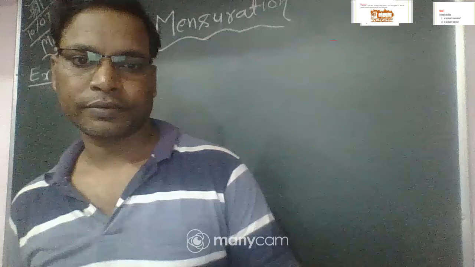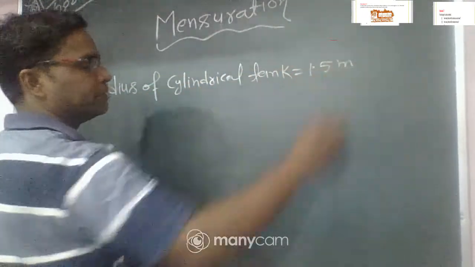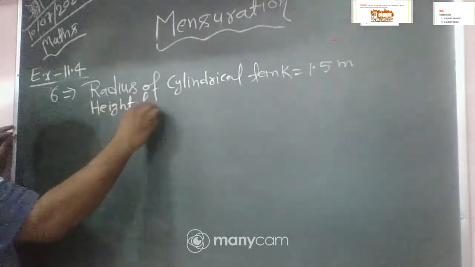So what is the volume of cylindrical tank? So you can write the volume of cylindrical tank is equal to pi r square h. Okay, and this is the length of tank. You can also write this as height of tank.